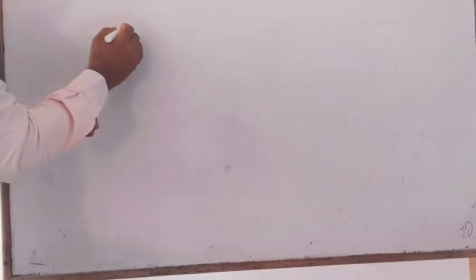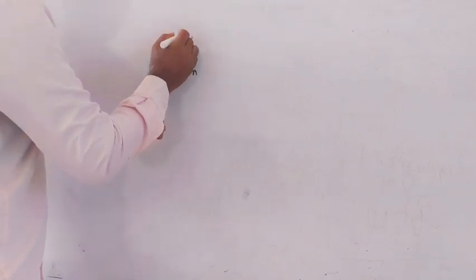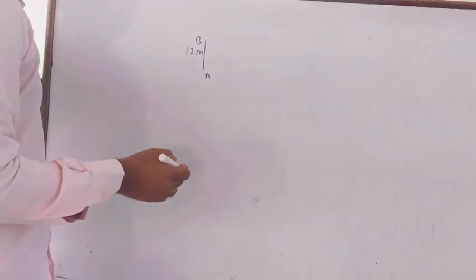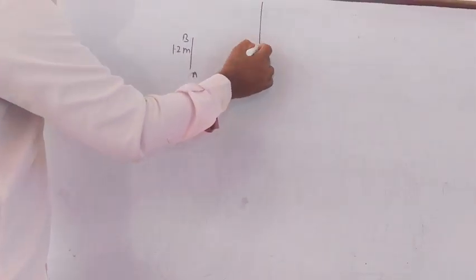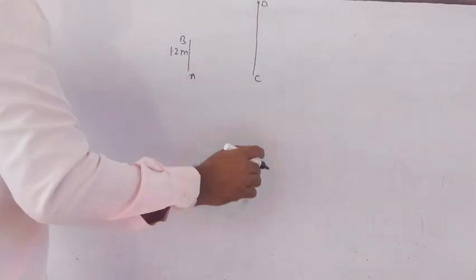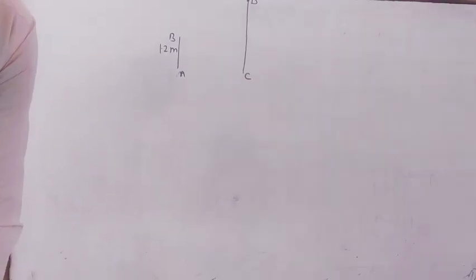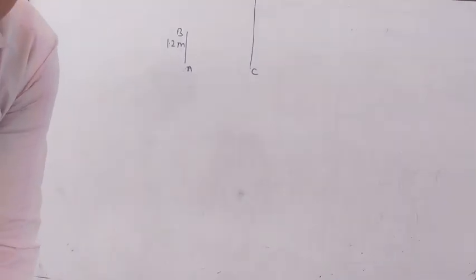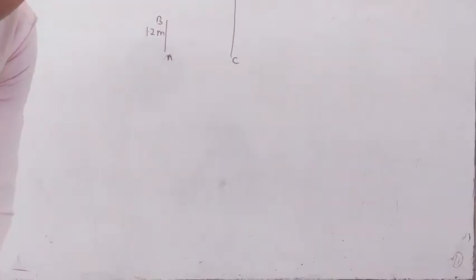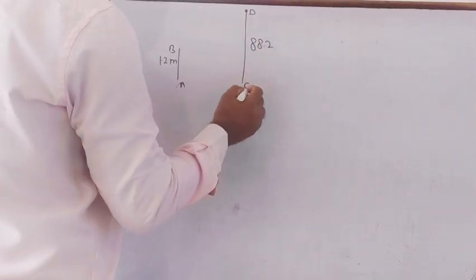So suppose that in this question AB is a girl whose height is 1.2 meter, and this is the height of the balloon, point CD. At the point D there is a balloon, whose height from the ground level is 88.2 meter.